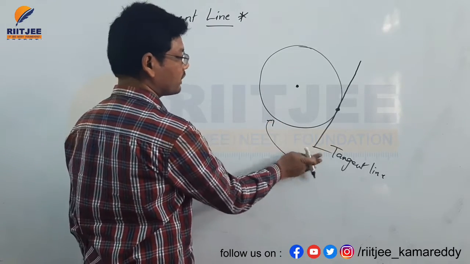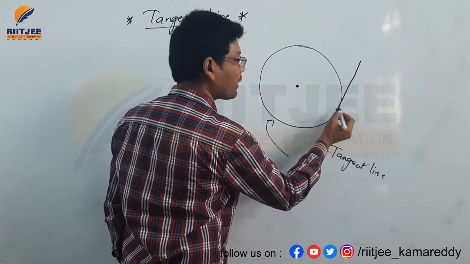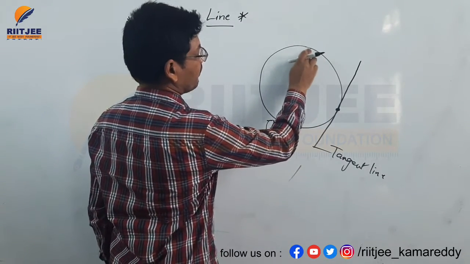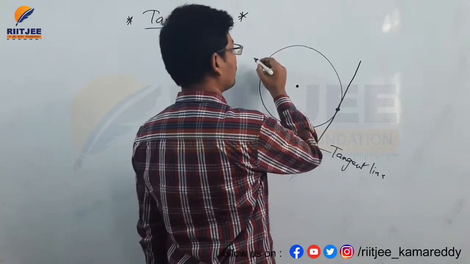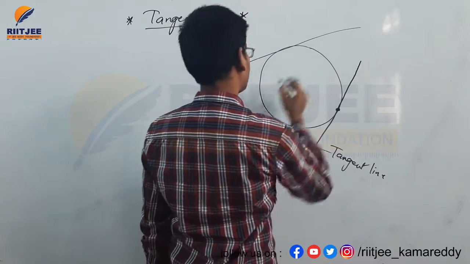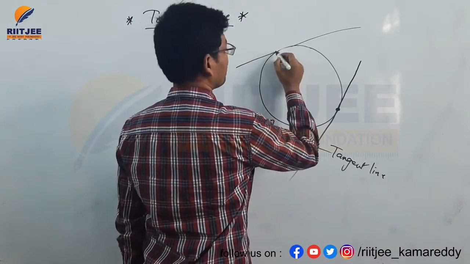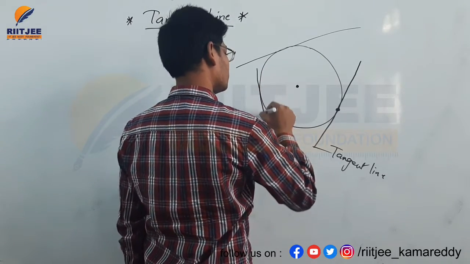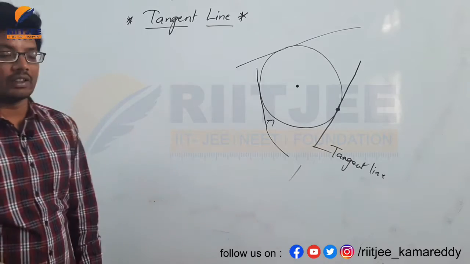This line is called tangent to a circle. It touches at one point on a circle. We can draw many tangents to a circle like this. It touches at only one point. These are called tangent lines.